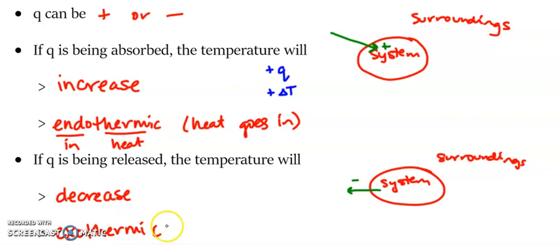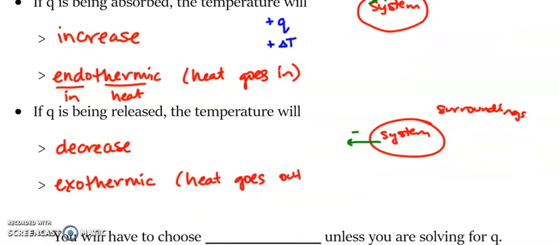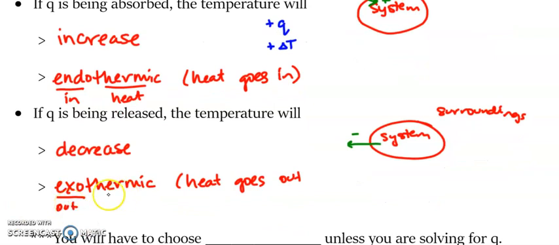All right, so this means that heat goes out, because exo means out, right? And therm still means heat. Okay, so in this case, we're going to have a negative Q, right? You're going to have a negative value for the heat. You will also have a negative change in temperature because your final will be lower. So when you do a smaller number minus a bigger number, you're going to get a negative value.